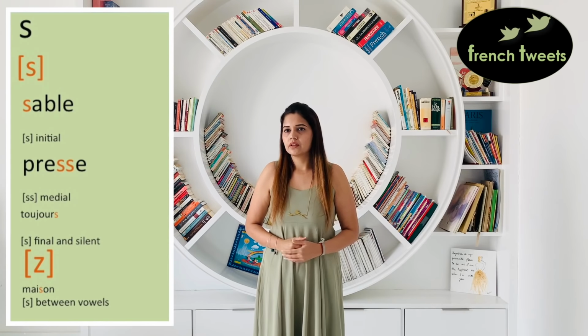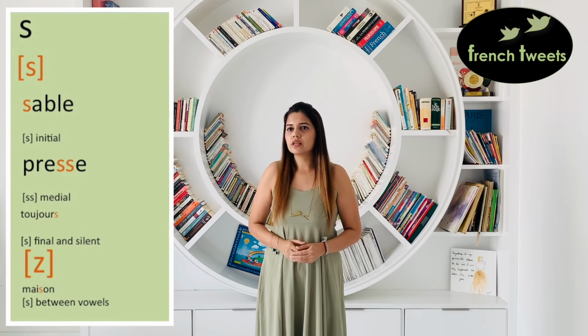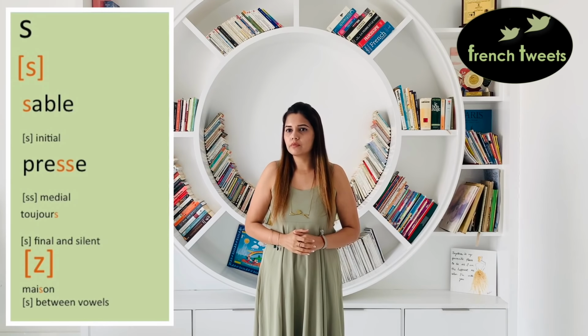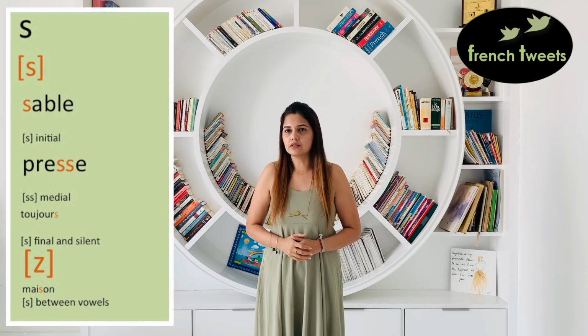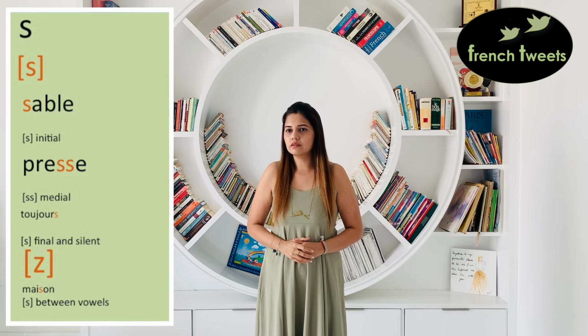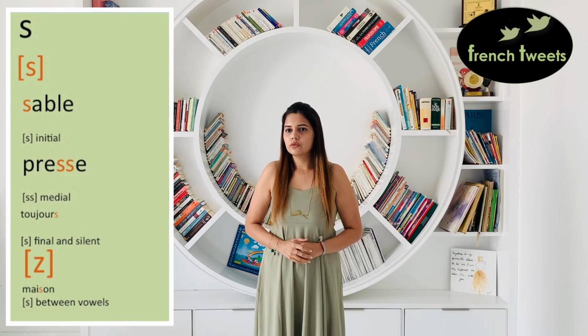L'alphabet S. S gives different sounds as per its placement with and without the vowels, and of course before, in the middle, or at the end. So the first sound is s, sable. Presse, when there are two S together. Toujours.